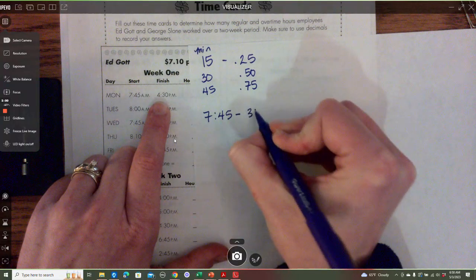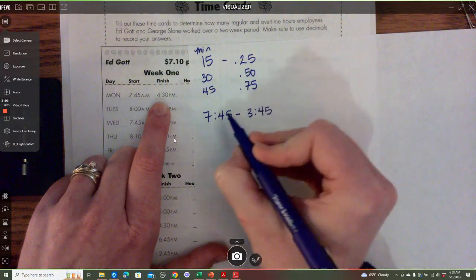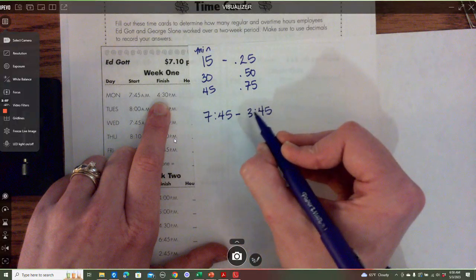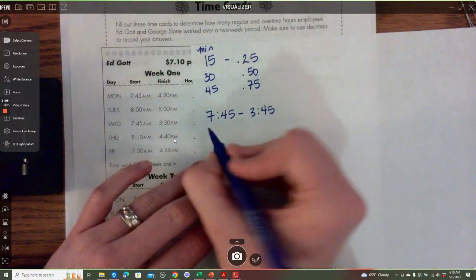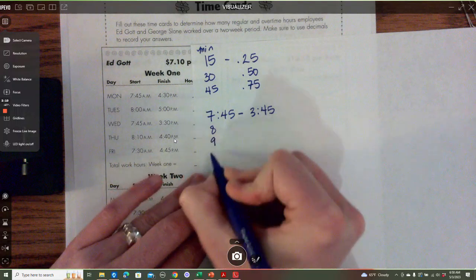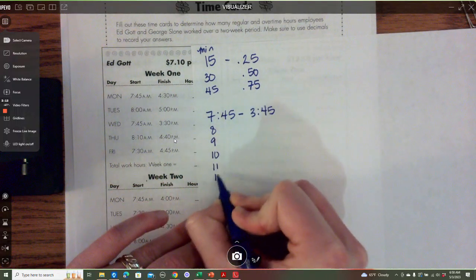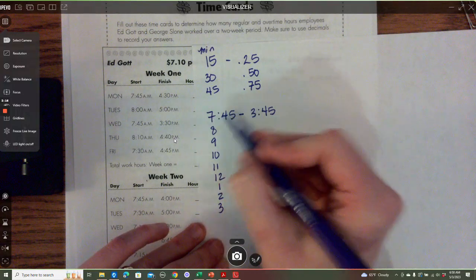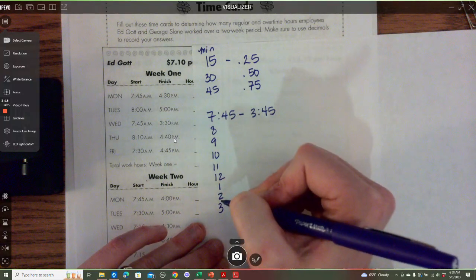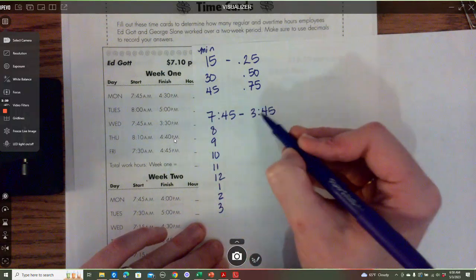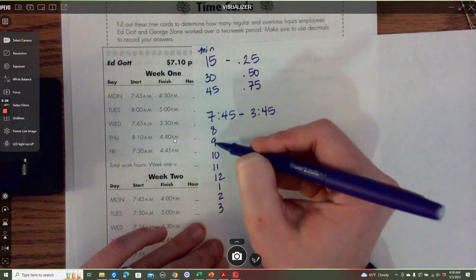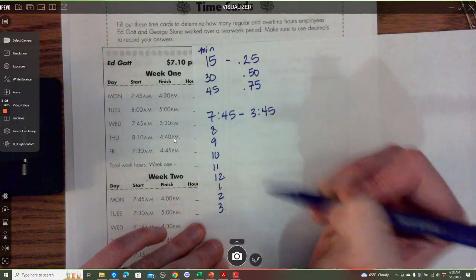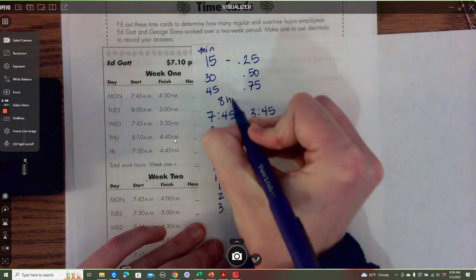You can count from 7:45 to 3:45: 8, 9, 10, 11, 12, 1, 2, 3. Some of you will be able to calculate that in your head, but if you need to write it down, that's okay. From 7:45 to 3:45 is 1, 2, 3, 4, 5, 6, 7, 8 hours. So we've got 8 hours.